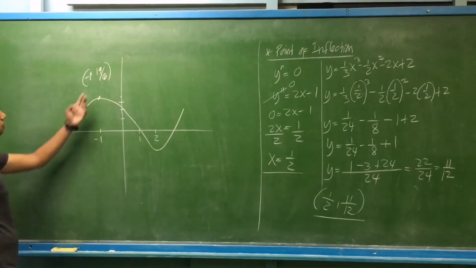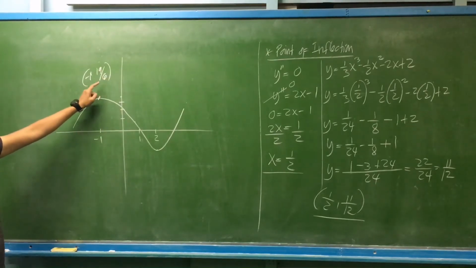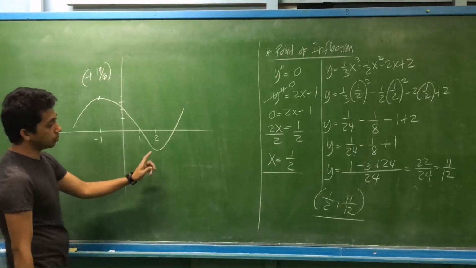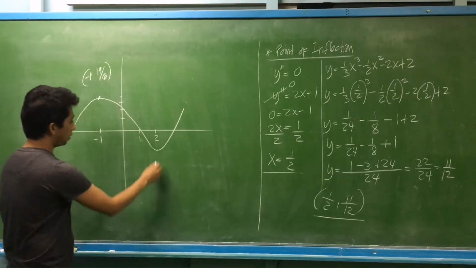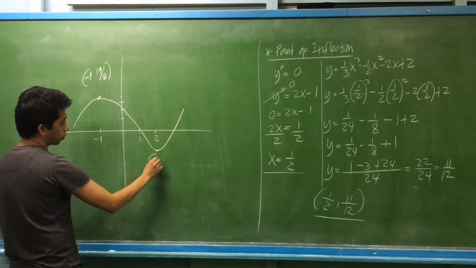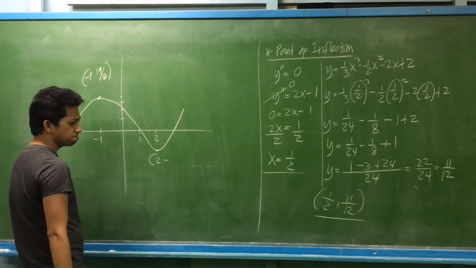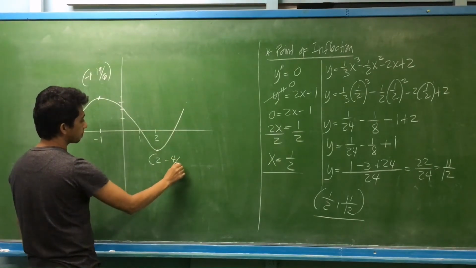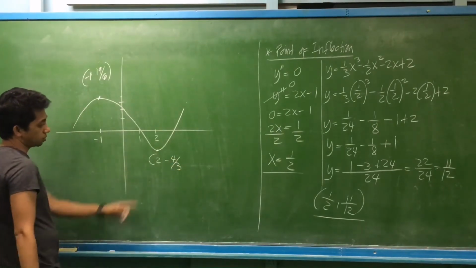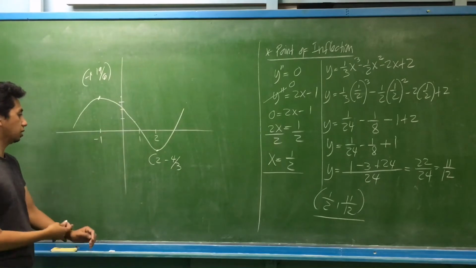So approximately is 3.167. Ito naman yung coordinate ng minimum point natin kanina. That is, I think, 2, negative. Ano yung partner nito kanina? Negative 4 over 3. So it's 1.333, I think.